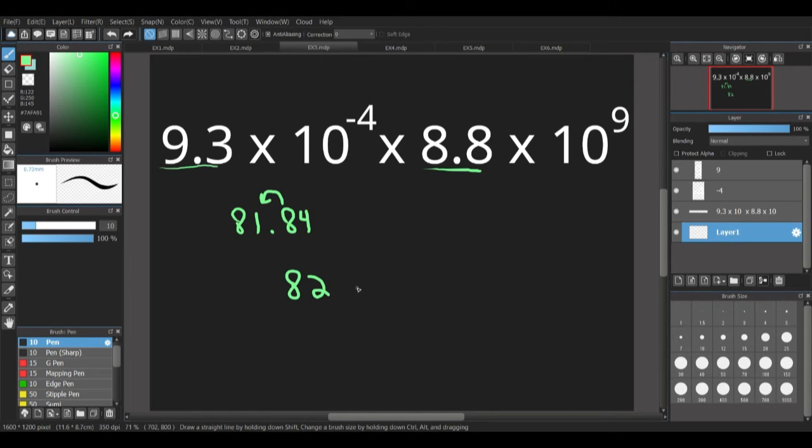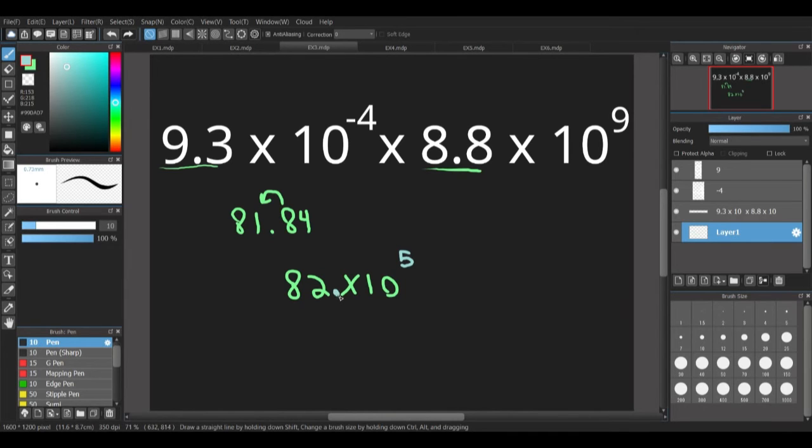Next, we're going to find out what our exponent is by adding our two exponents, since it's multiplication. Negative 4 plus 9 gives us 5, so we get 82 times 10 to the 5th. Here's where step 4 comes in. We can't leave a coefficient greater than 10.